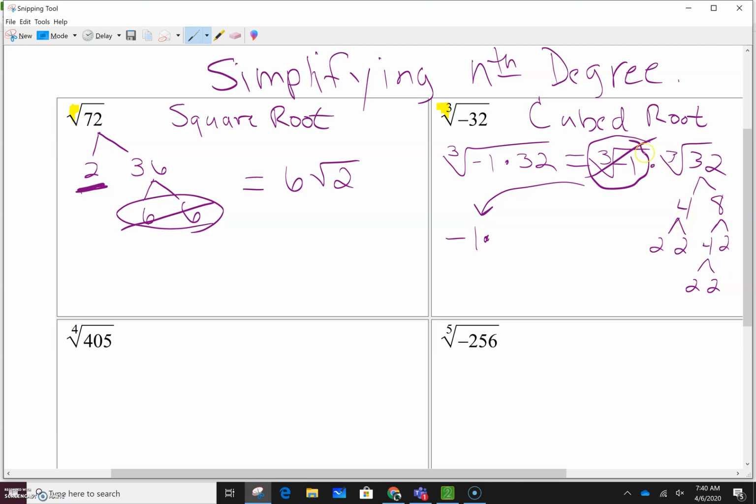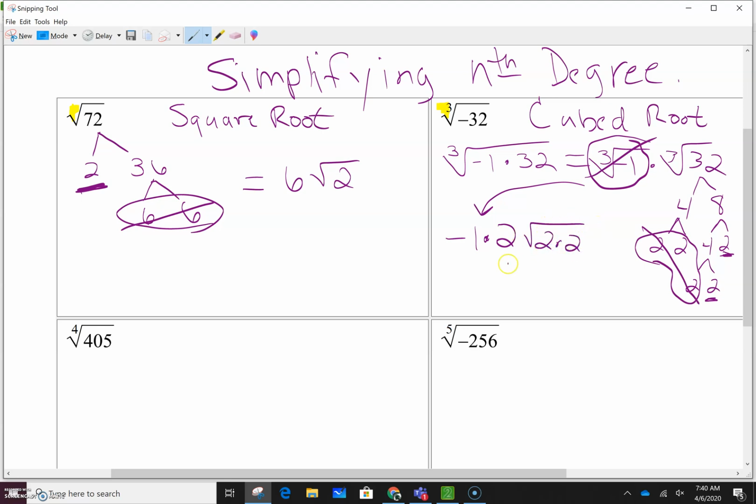Now I'm looking for a triple. I'm looking for a set of 3. So here we go. There's 1, 2, 3 right there. That's going to clear these 2. There are only 2 of the others, so they need to stay inside. So that triple is going to come out as a single 2. That clears the radical. So those clear. The other 2's stay inside.